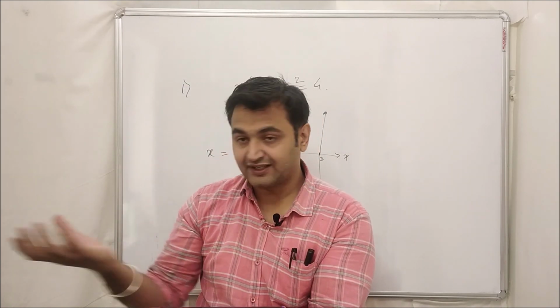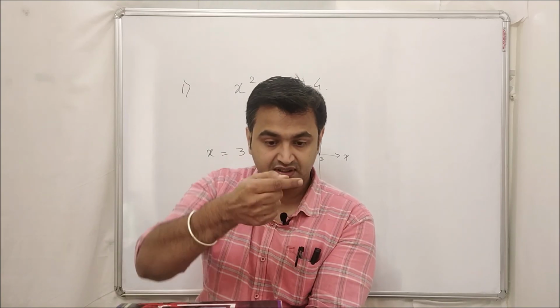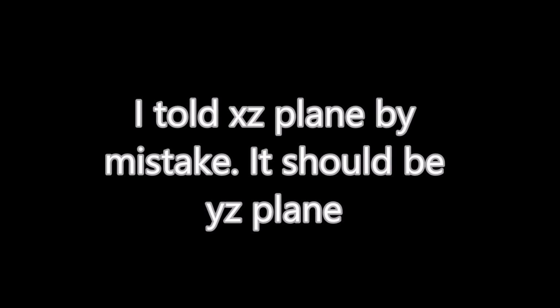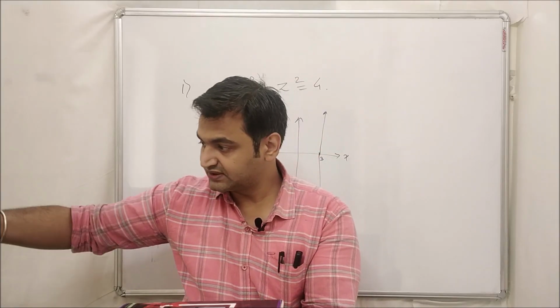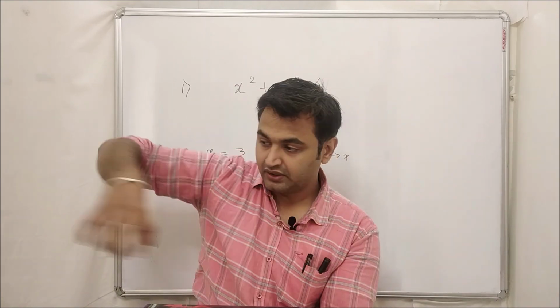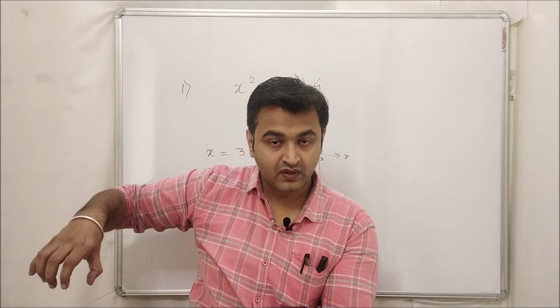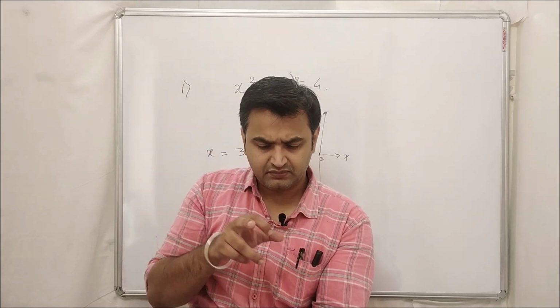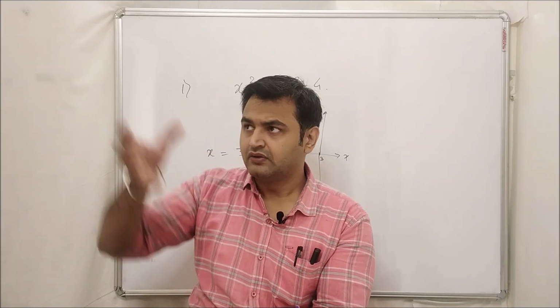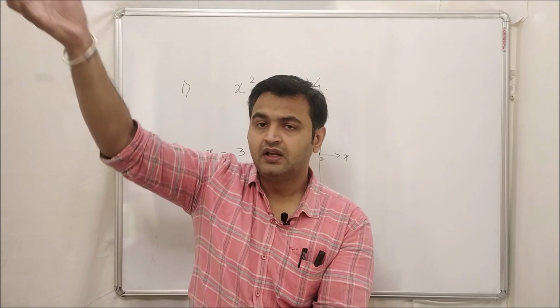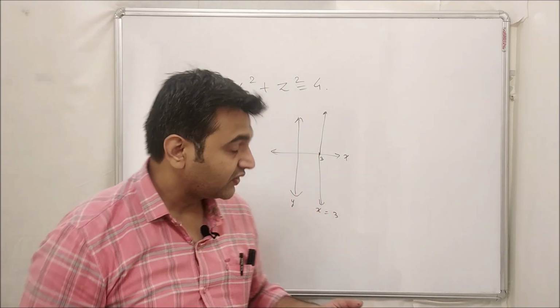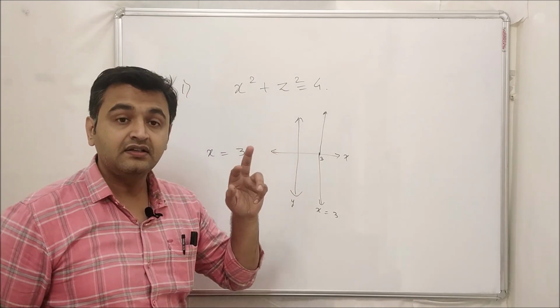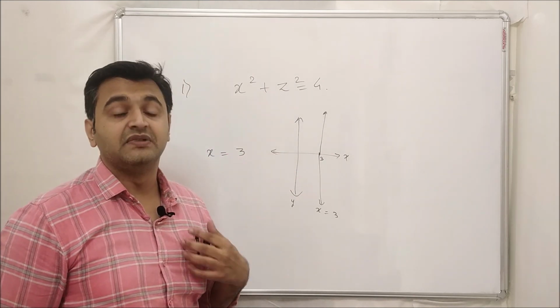And if you want the horizontal one, then you draw the circle in the xz plane, you pull the circle here, you pull the circle here, and you get a rod like this. All this is called a right circular cylinder because they make an angle of 90 degrees. If you have such a slanted cylinder over here, then that's not a right circular cylinder. That's why when I write this equation, I am saying it's a cylinder in three-dimensional space.